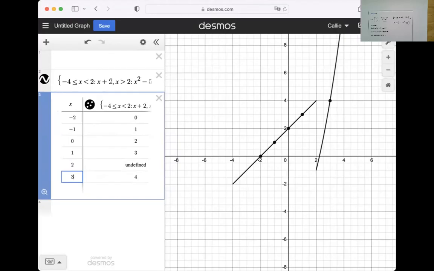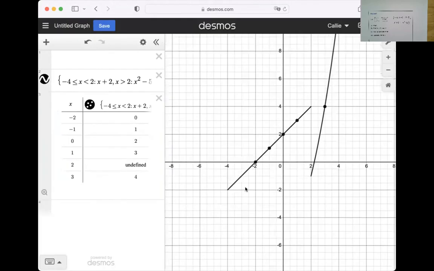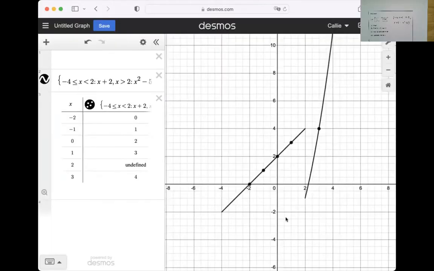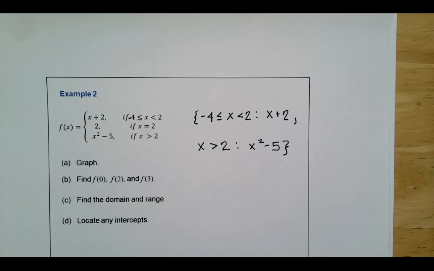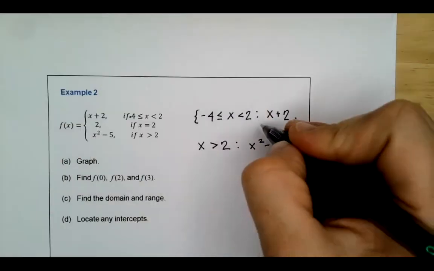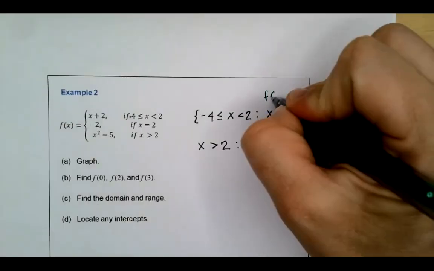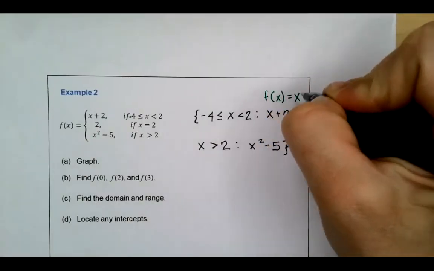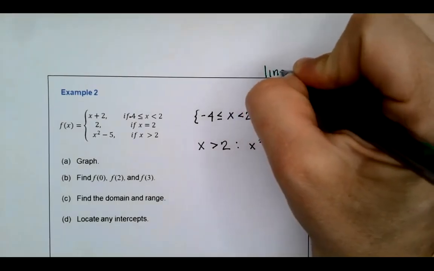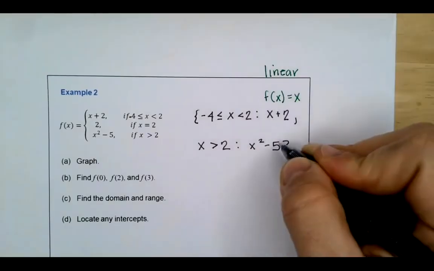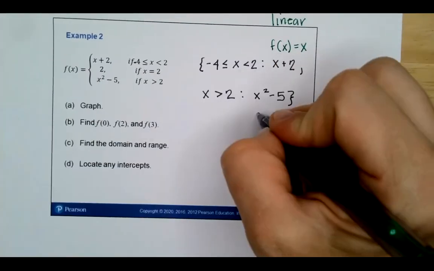All right, so they ask us to graph it. If we were to graph it, it would look like this. This one's a straight line. Let's talk about what we have. We have x plus 2. That is the same as x, right? So that's linear. That means it's going to be a straight line. And then what is the basis of this one?